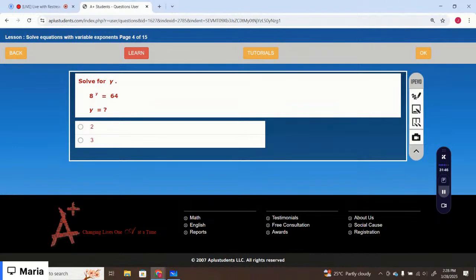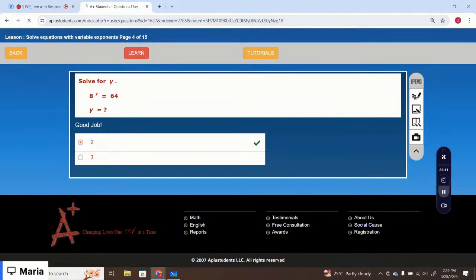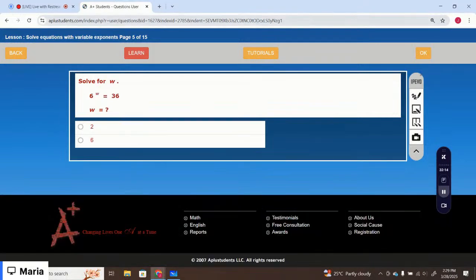Solve for Y. 8 exponent Y equals 64. Option number 1 is the correct option. That is 2. Solve for W. 6 exponent W equals 36.